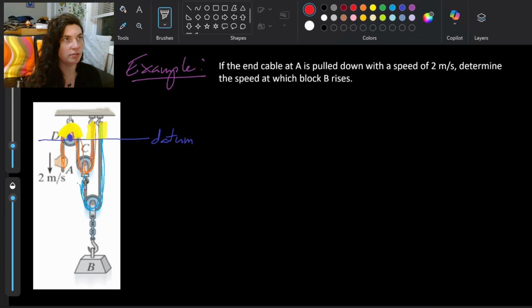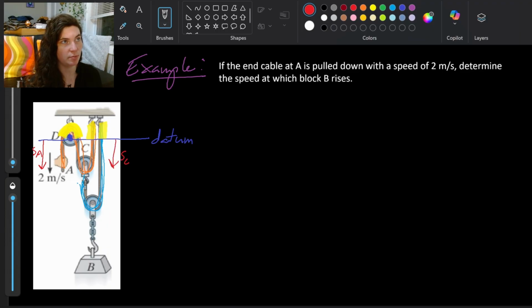So if I have on here my distance from the datum to A, right? This is SA. That's my position from the datum at D to A. I can also find my distance from the datum at D to C. Right?